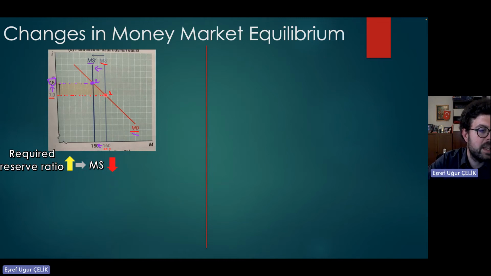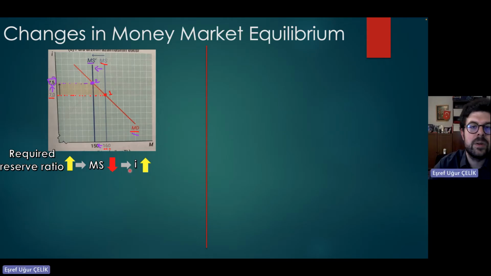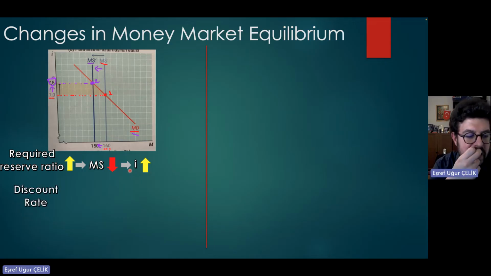When the money supply level becomes lower, our interest rate goes from 7 to 7.5, so it becomes higher. Another factor for the money supply becoming lower is the discount rate.